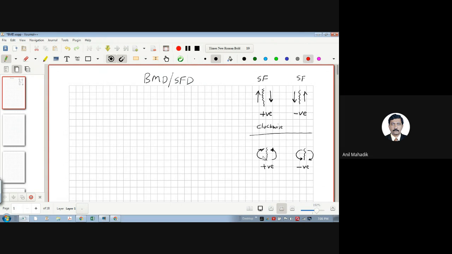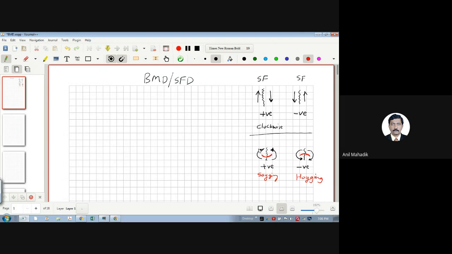This moment I can say is a sagging moment. If you see this figure, this is a sagging moment. And if you see this, then it will form this kind of curvature, so I can say this is a hogging moment. Please remember these conventions.